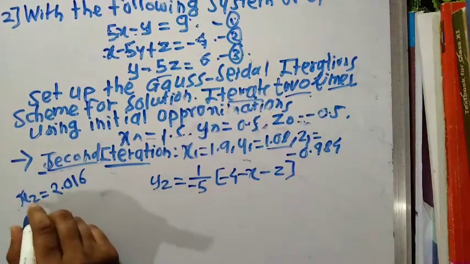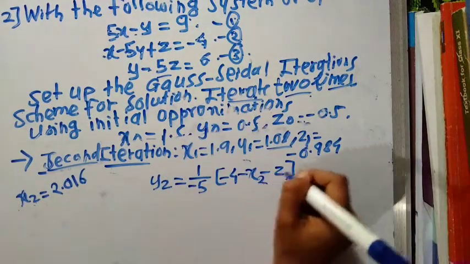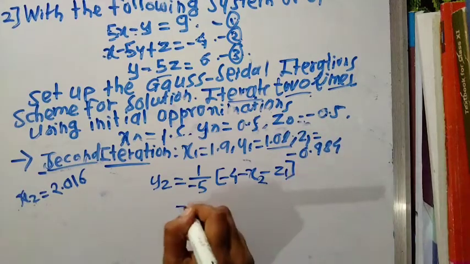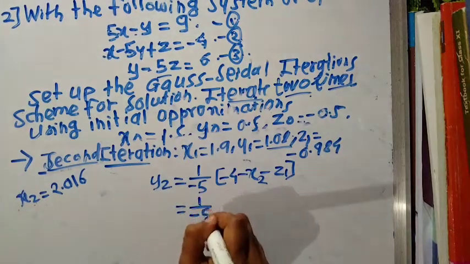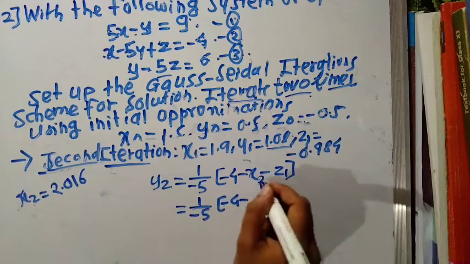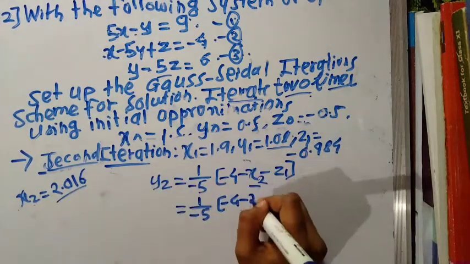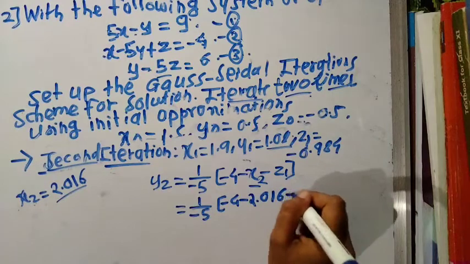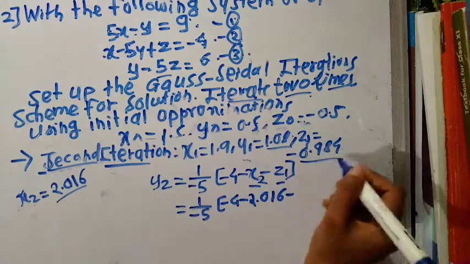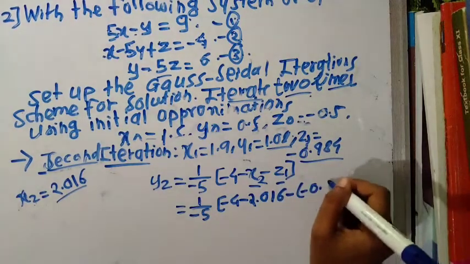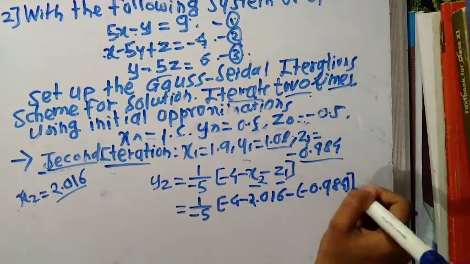So here we use x2 and z1. So 1 divided by minus 5, minus 4 minus x2 is 2.016, z1 is minus 0.984.